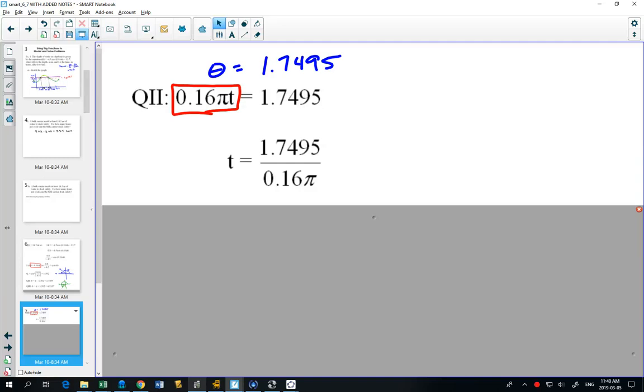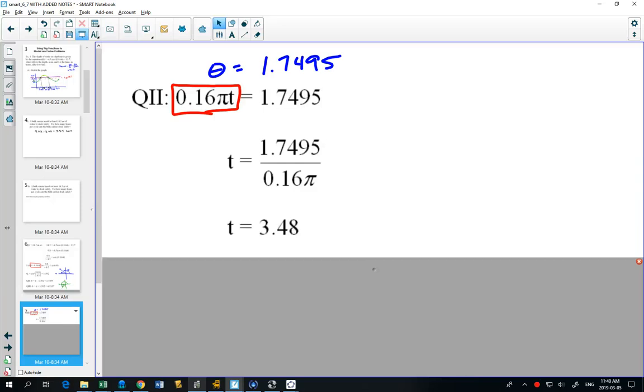Push enter. Did you get 3.48? Anybody get 34.35?